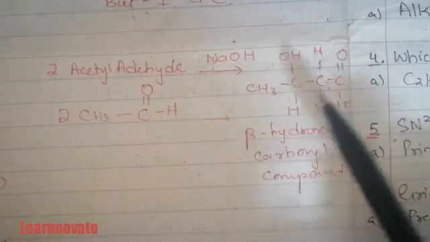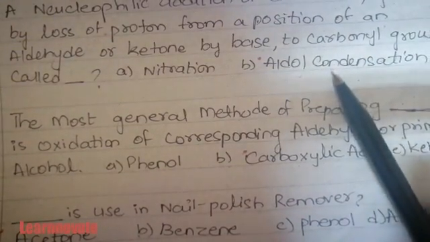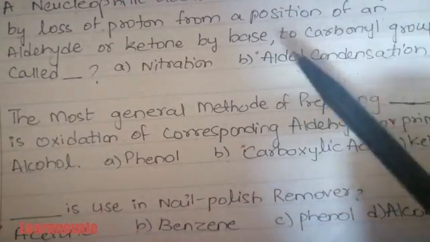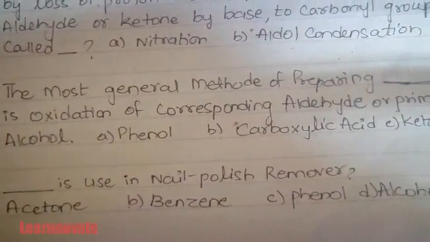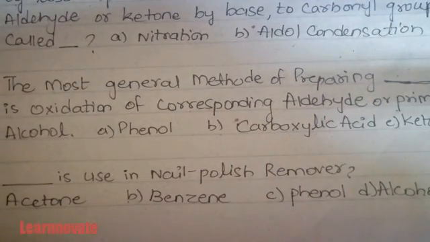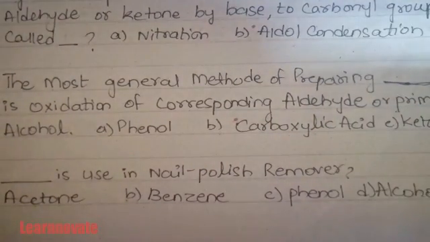So there is a formation of this compound, and this whole process is called aldol condensation. So the answer for this question is option B, that is aldol condensation. Here it is written, and you have to learn this, that you can get the question by an equation or by a written paragraph, so you should know how to solve this equation.